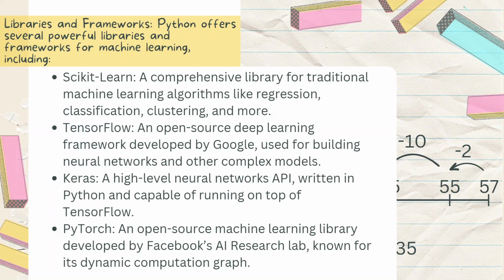Then we have TensorFlow, which is an open source deep learning framework developed by Google, used for building neural networks and other complex models. Then we have Keras, a high-level neural networks API written in Python and capable of running on top of TensorFlow. Then we have PyTorch, which is an open source machine learning library developed by Facebook's AI research lab, known for its dynamic computation graph.